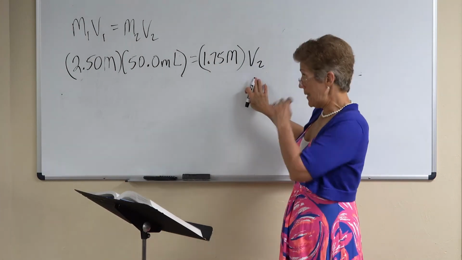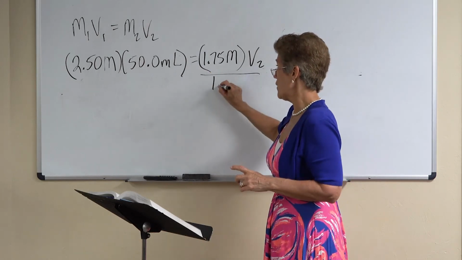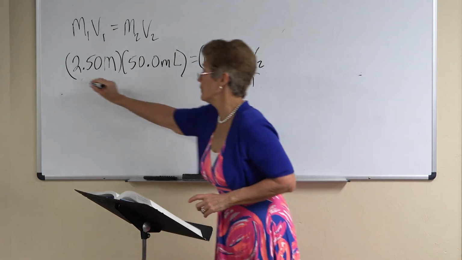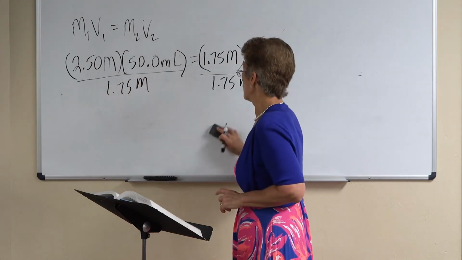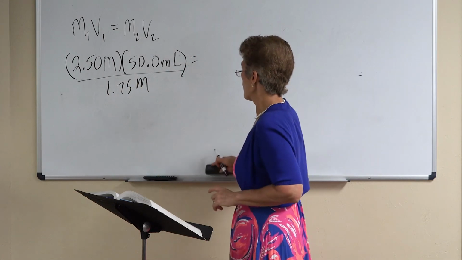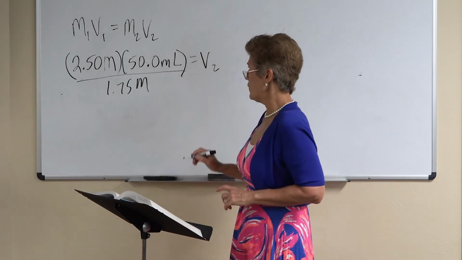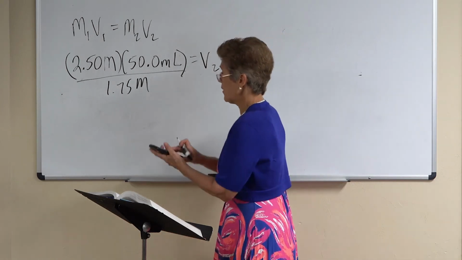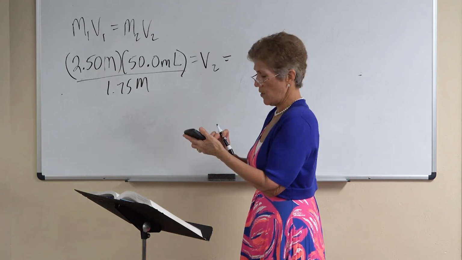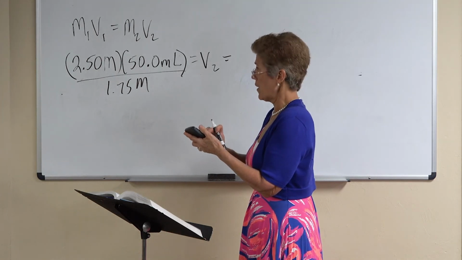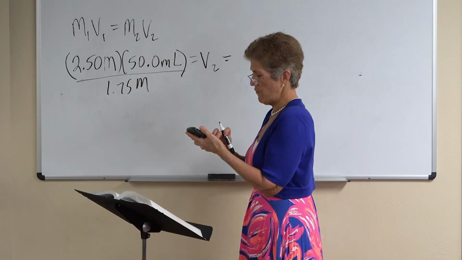So we are going to divide both sides by 1.75 molar. I'm going to ditch this because they cancel, and I end up with V2 equals, so I'm going to put in my calculator, 2.5 times 50 equals divided by 1.75.